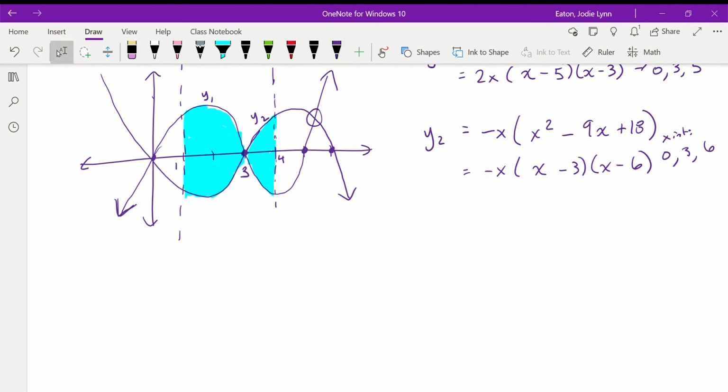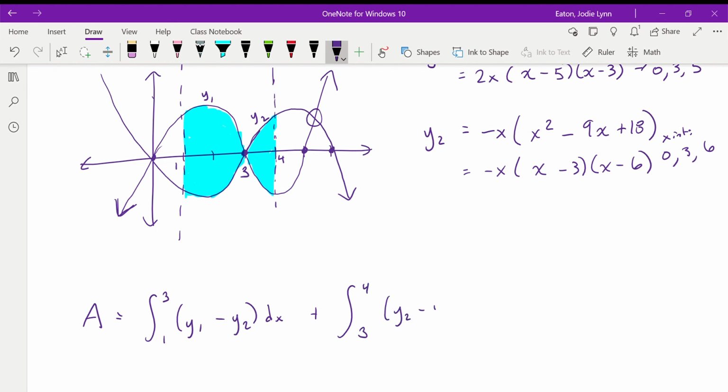So we'll set up our integral for the area. The first integral is the integral from 1 to 3 of y1 minus y2 dx, and we're going to add the integral from 3 to 4 of y2 minus y1 dx.